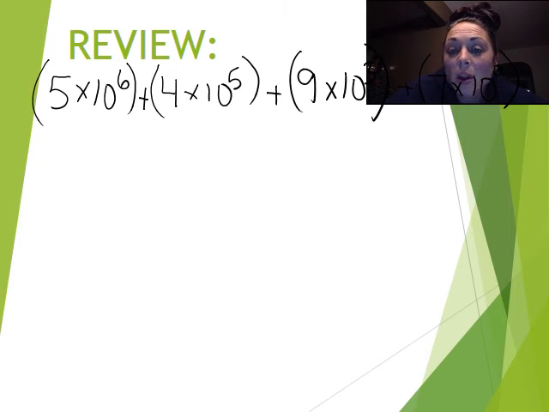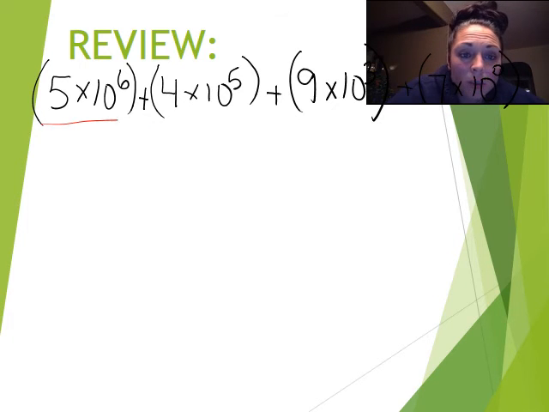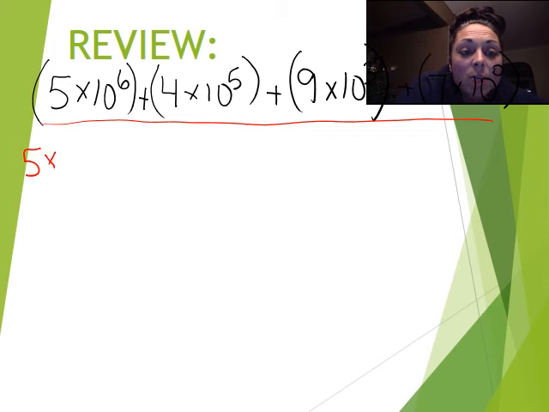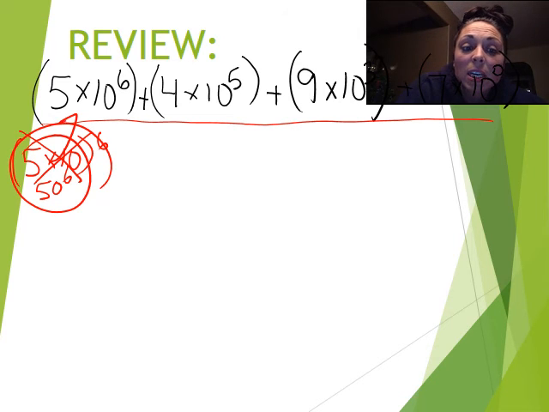If I was asked to write that in standard form, which means the answer, I could do this a couple of ways. Yes, I could put this all in my calculator. Know that 5 times 10 to the power of 6 is different, because that says 50 to the power of 6. That's a lot different. So make sure we don't get that mixed up when we're writing that out.